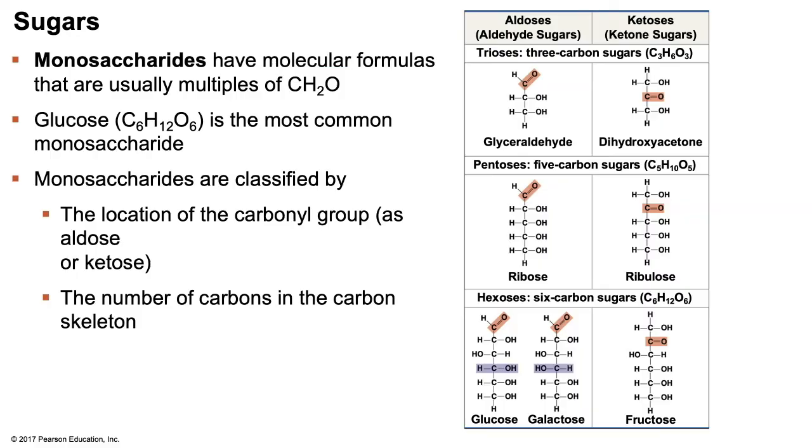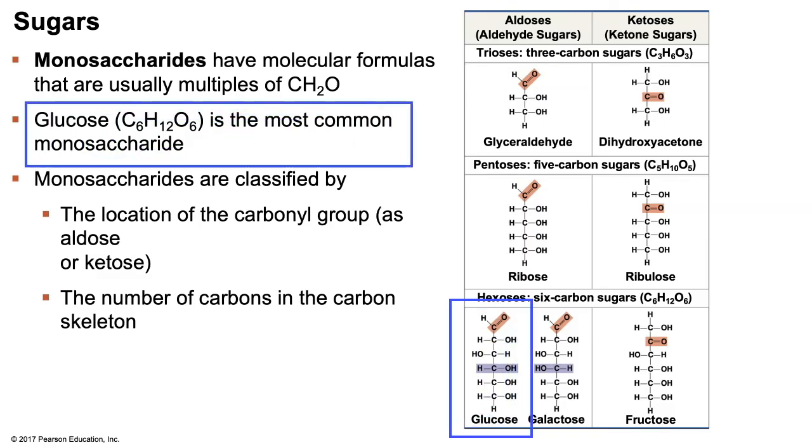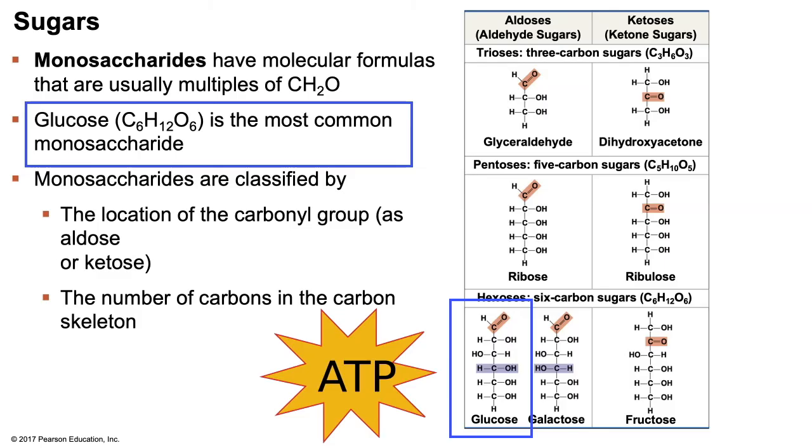Glucose is the perfect example of a monosaccharide. Glucose is the most abundant monosaccharide in the body. It circulates in the blood of animals as blood sugar and is the most important source of energy for all organisms. When we learn about photosynthesis and cellular respiration in later chapters, glucose will be at the forefront of those discussions.